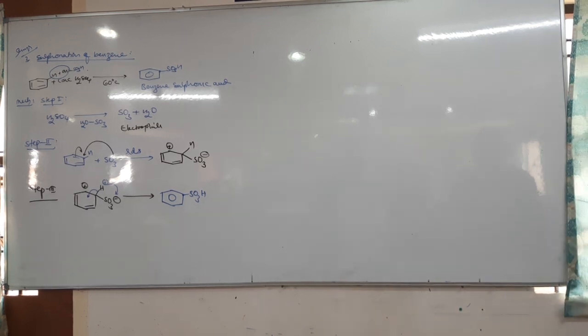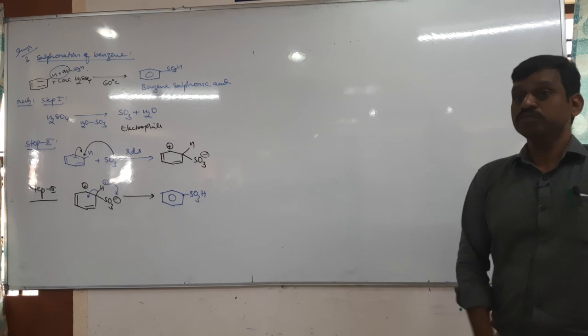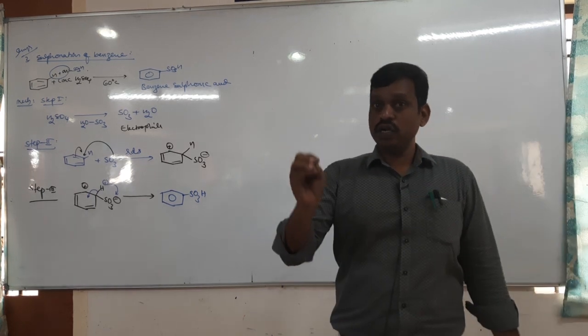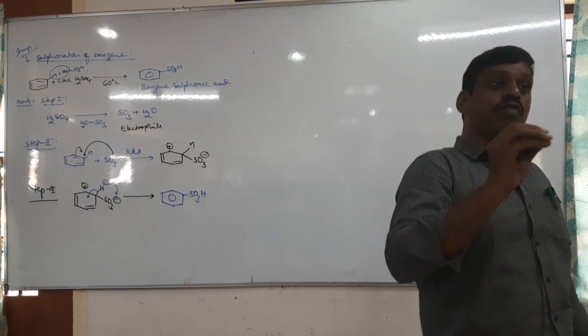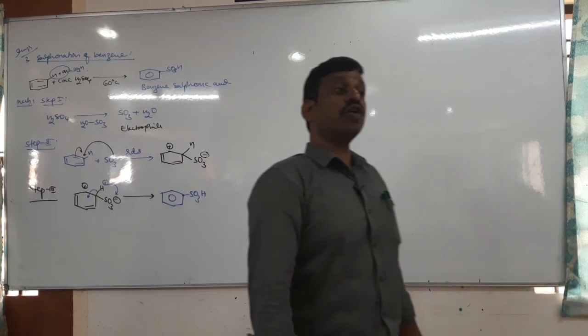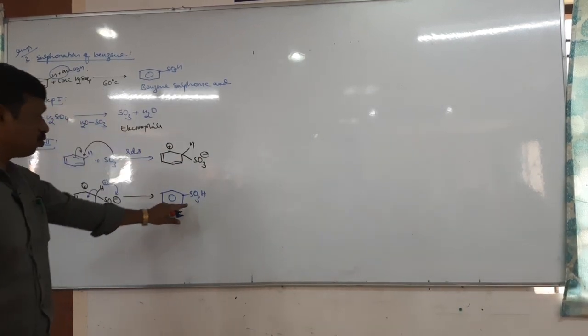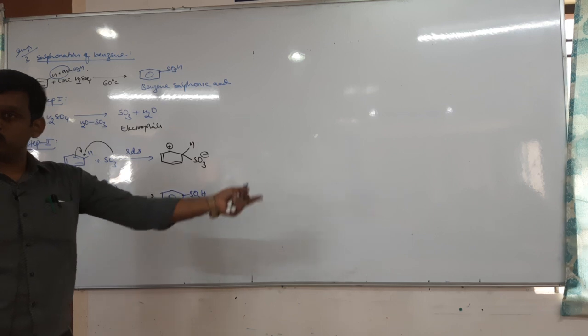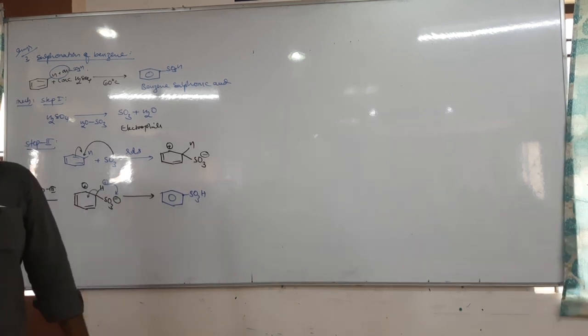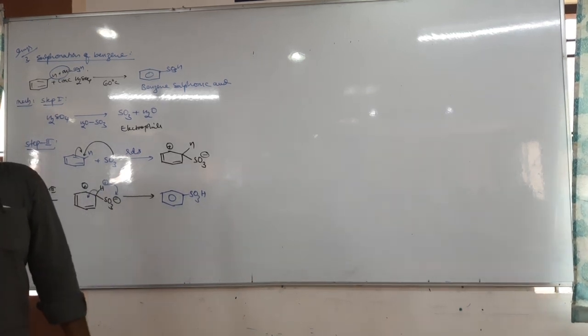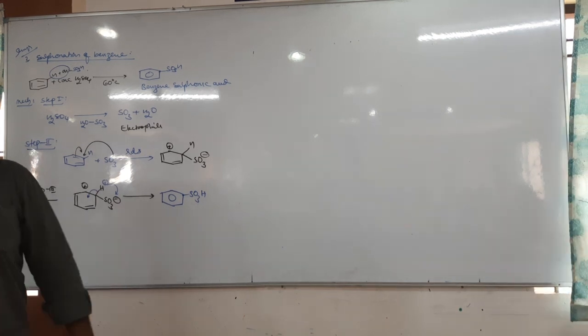Next, multiple bond, right? The neutral molecule which are having multiple bond with more electronegative element, that is SO3, no? SO2, SO3, CO2. Yes or no? They are also nucleophile.